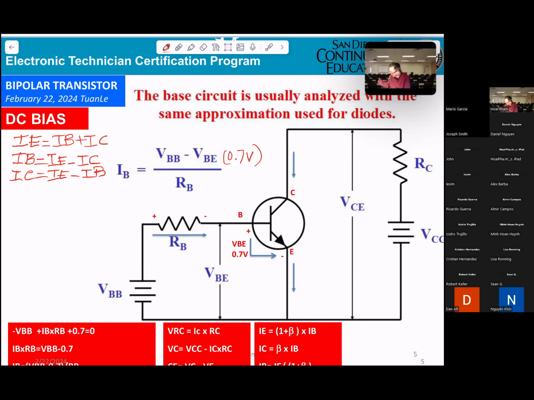Okay, so we know IC equal beta times IB.